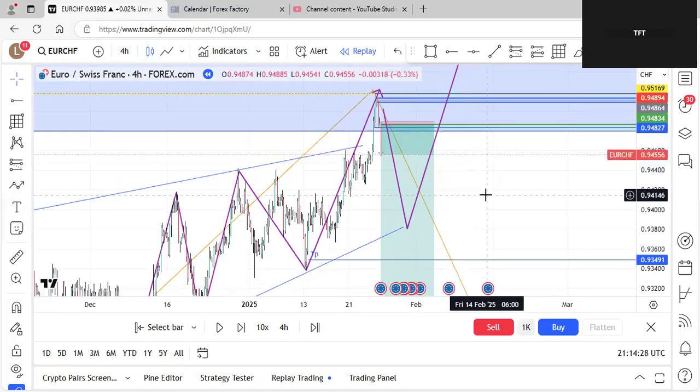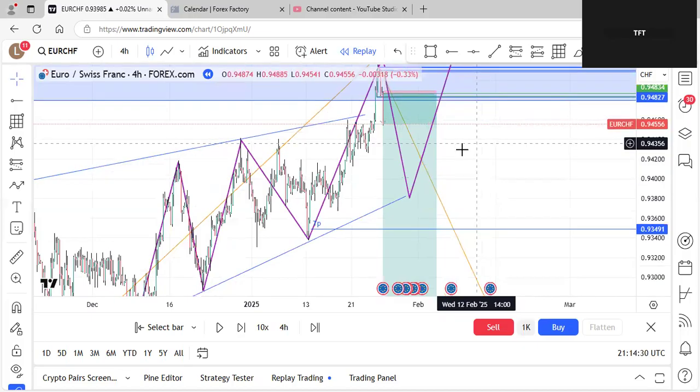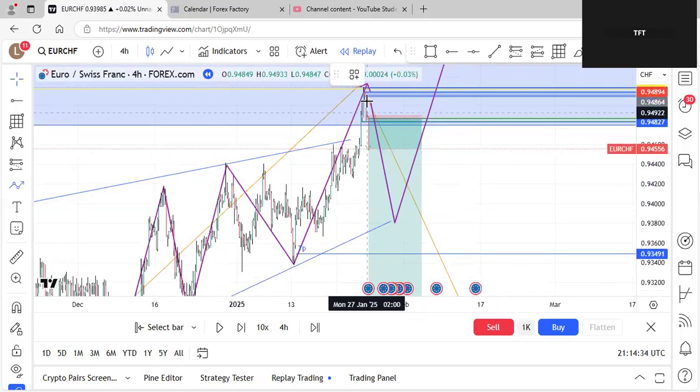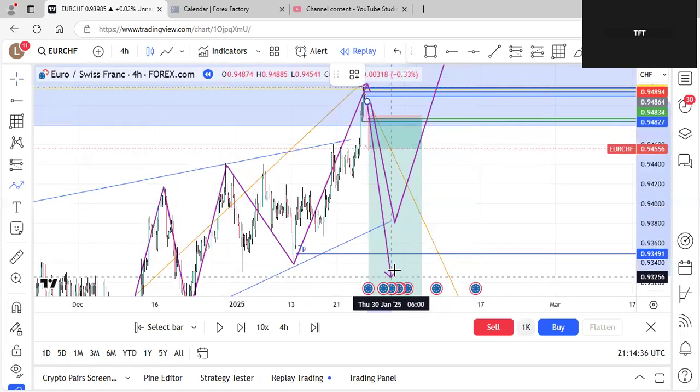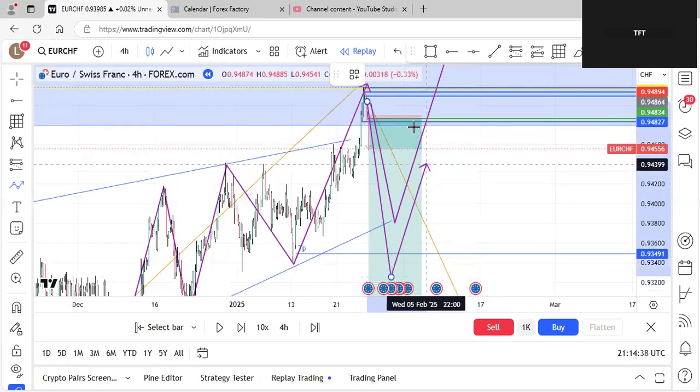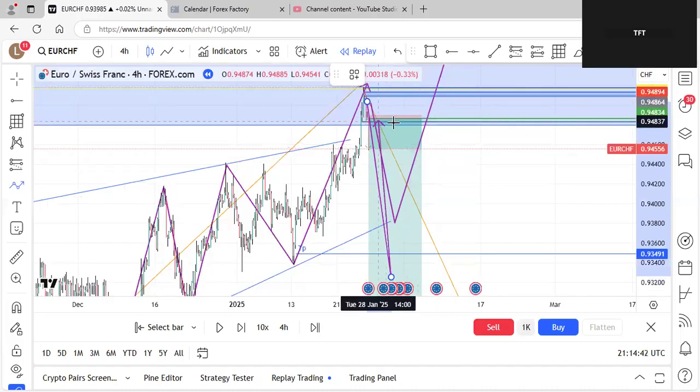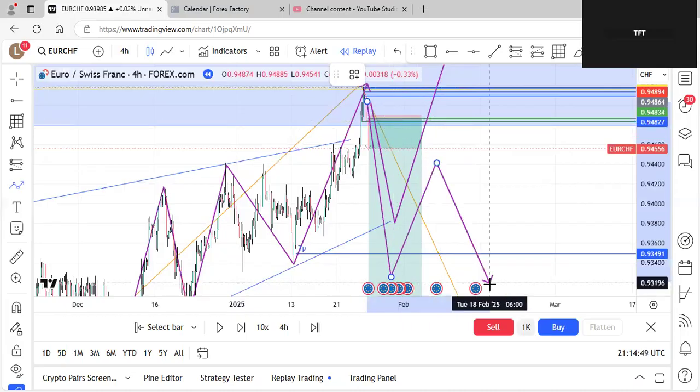Should it break that, then obviously I'm just going to change that. Now I'll put a new color in it. If we break down below, we could easily pull back. Obviously, if this is the right entry, if it's the highest imbalance that I'd want to see filled, then it could pull back and then continue down.